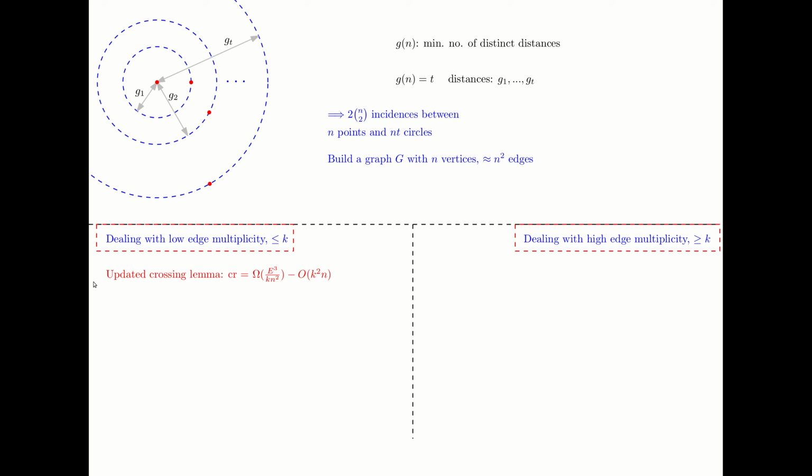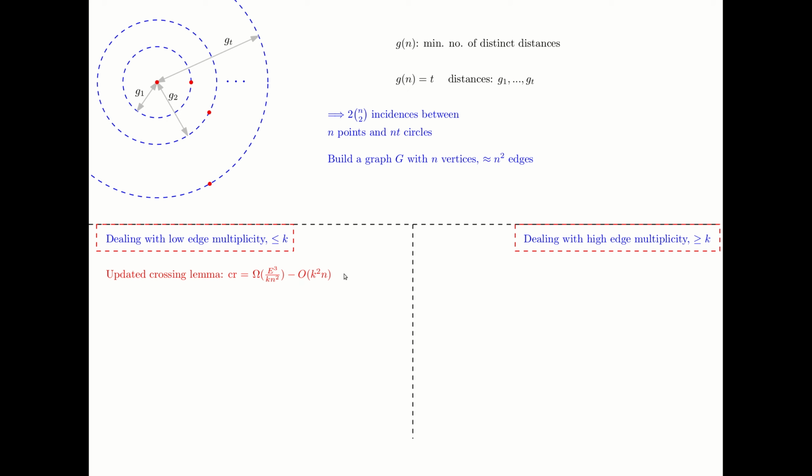We can have an updated form of the crossing number lemma, which says the number of crossings in a non-simple graph with e edges such that there are at most k edges between every 2 vertices is at least so much, or e cubed divided by k times n squared, minus some small factor.